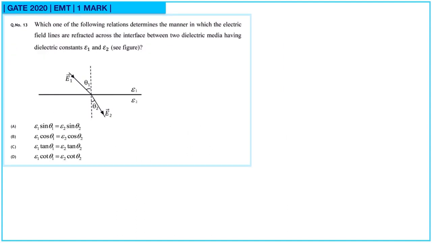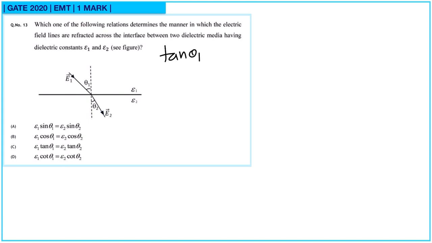Next question. Which one of the following relations determine the manner in which electric field lines are refracted along the interface between two dielectric media having dielectric constant epsilon 1 and epsilon 2? So here comparison of angles is there.